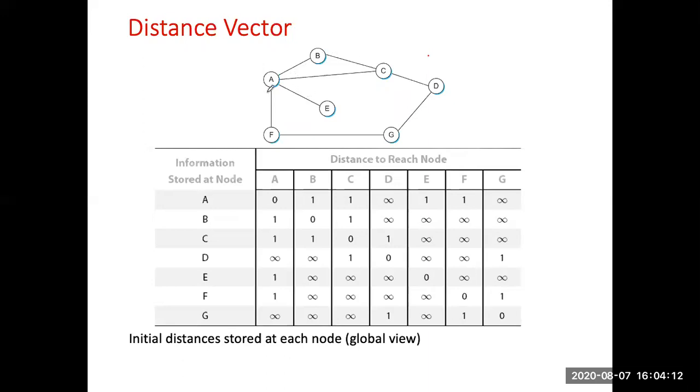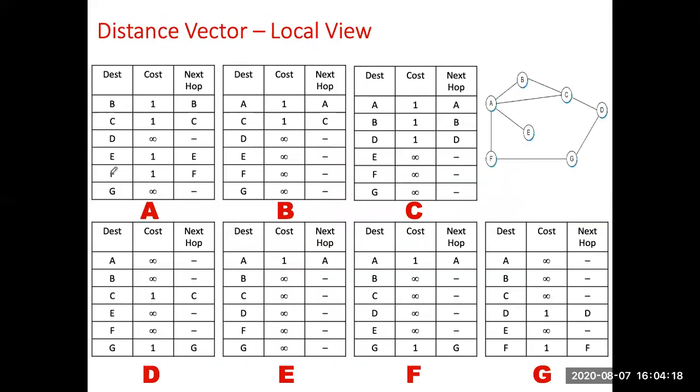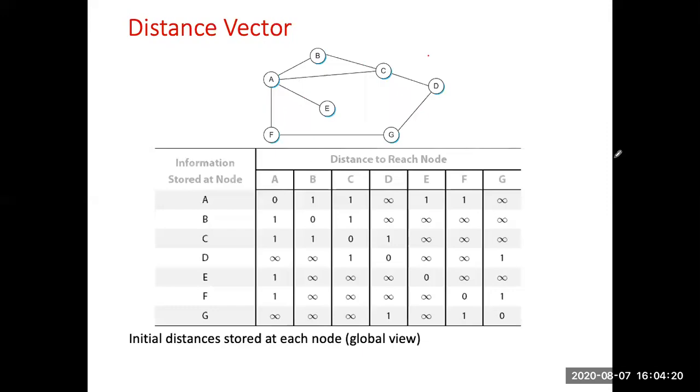So this is a global view, but it's better to see the routing table of each node. For example, in this graph we can see that there are node A, B, C, D, E, F, and G, and some nodes are directly connected, some nodes are connected via two other nodes.